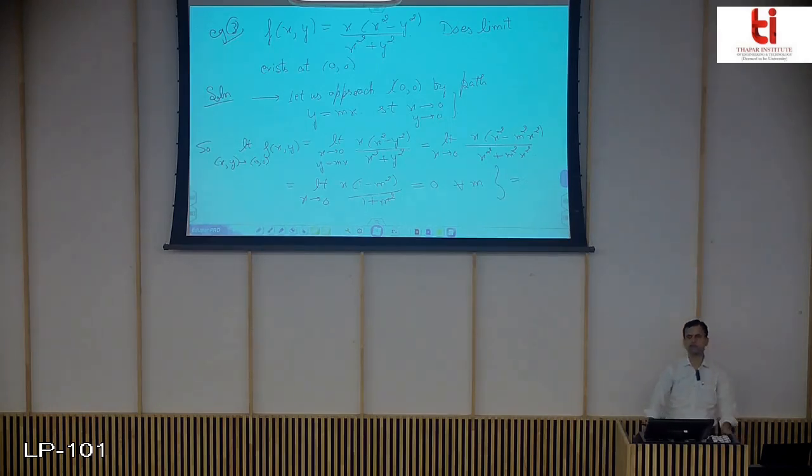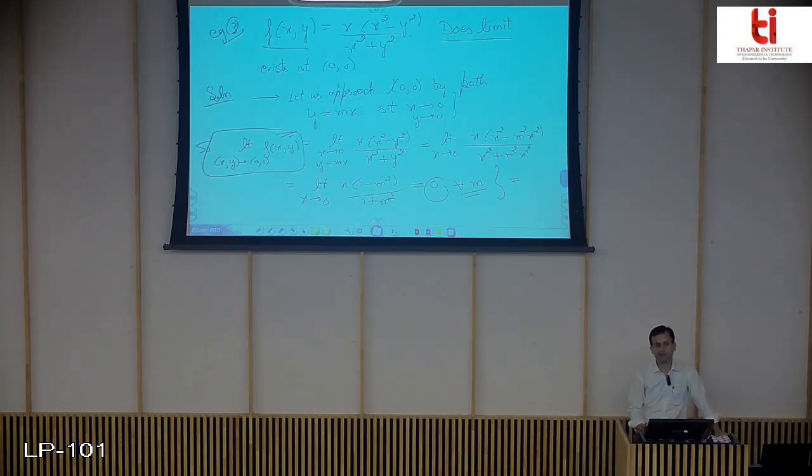So the question is, when you are getting 0, is it possible now to say, using the two-path test, that this limit, which looks unique and finite for all m, exists at 0, 0?